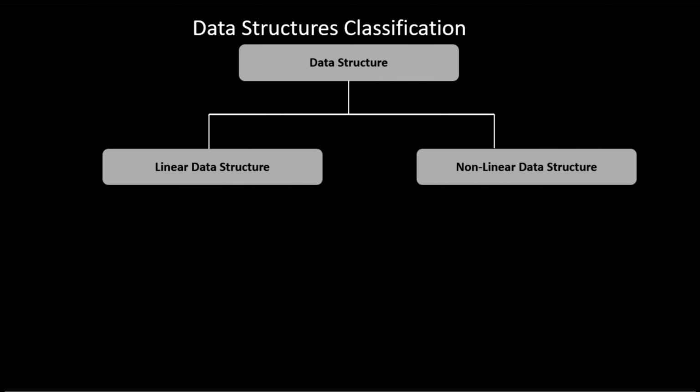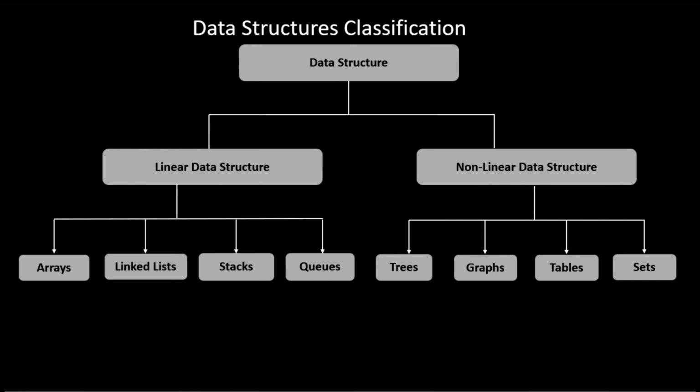So depending on the storage, data structures are classified into two types: linear data structures and non-linear data structures. Linear data structure means we store the data in a linear fashion, like arrays, linked lists, stacks, queues. In all these, we always store the data in a sequential manner, one after another.